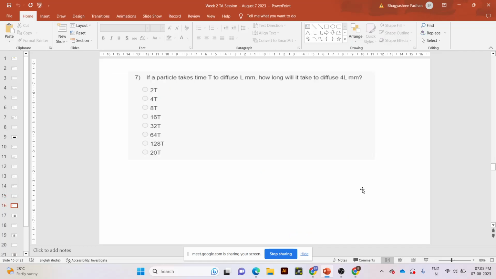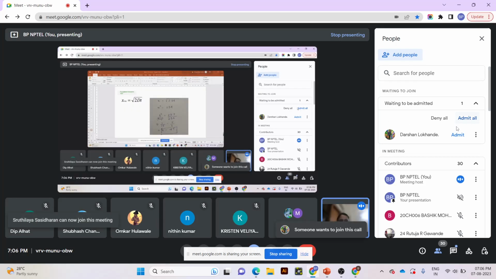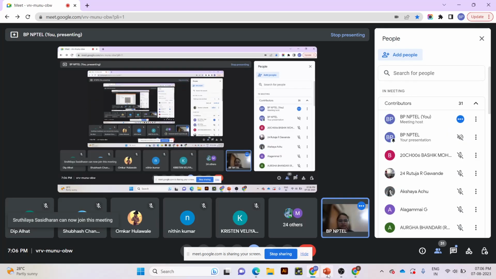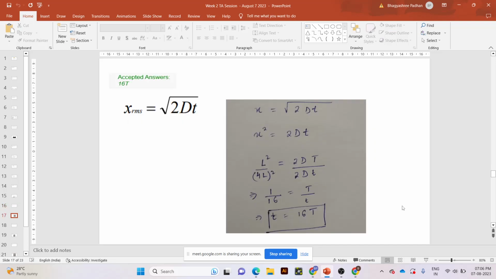The next question is, if a particle takes time t to diffuse L mm, how long will it take to diffuse 4L mm? Here we'll use the equation x RMS equals under root 2Dt. So if a particle takes time t to diffuse L mm, this length of diffusion is x RMS.